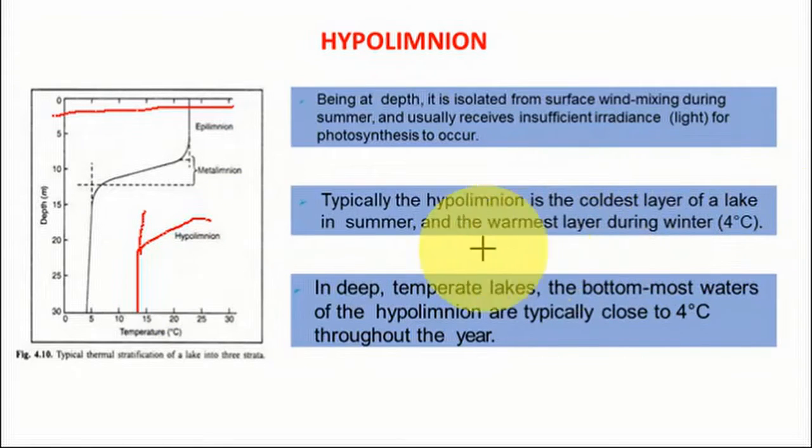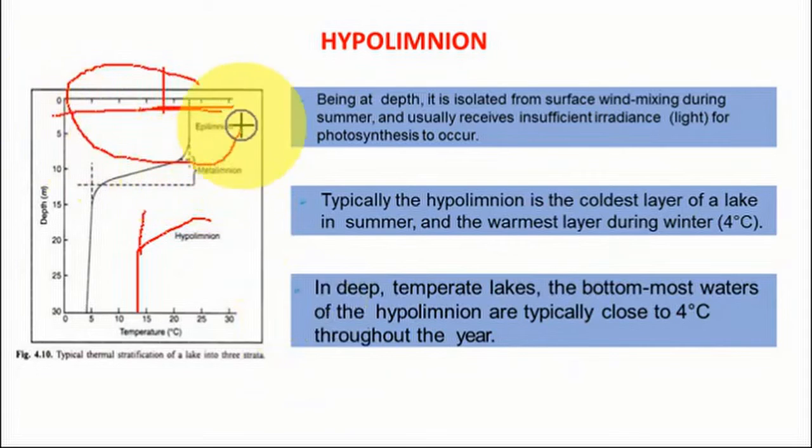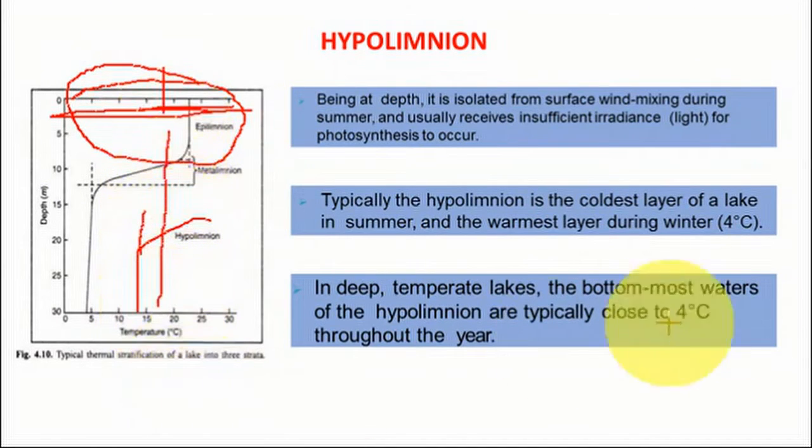So typically the hypolimnion is the coldest layer of a lake in summer and the warmest layer during winter. Coldest layer in summer, it means during summer the epilimnion is hot, or you can say warmer, but during winter the epilimnion becomes very cold, sometimes covered with ice, while the lower layers have a temperature above 0 degrees Celsius.